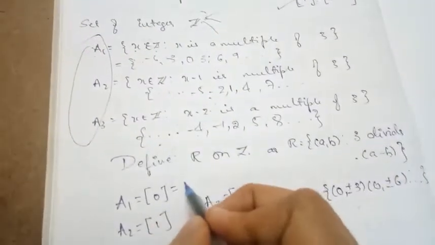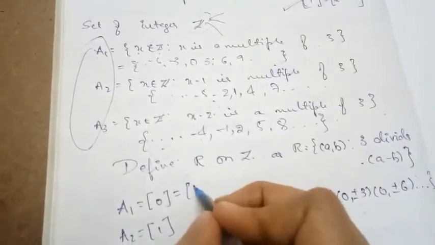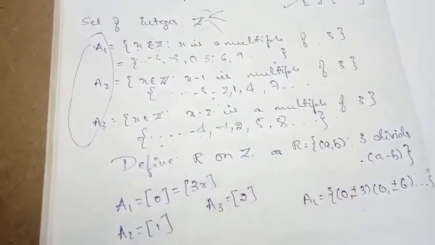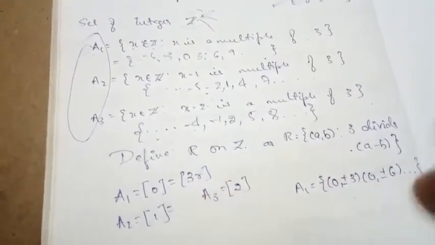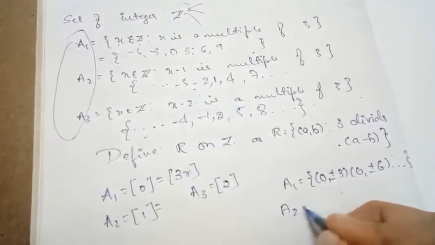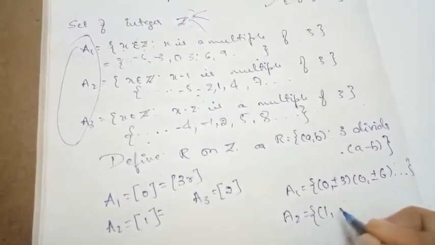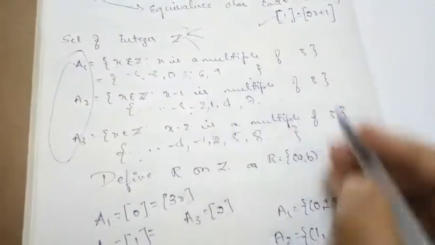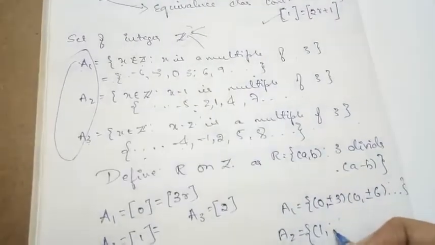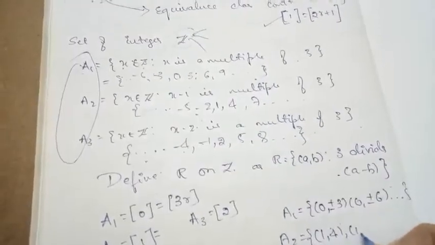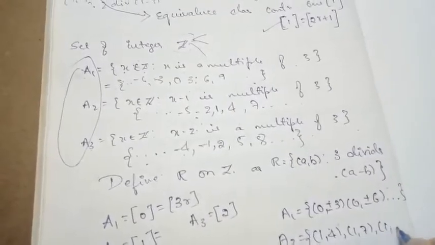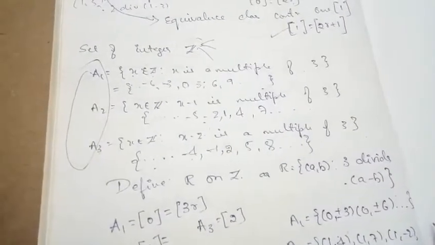Now how can I write the second element? That is 3r. Next, the equivalence class containing 1 can be written as (1, 4), (1, 7), (1, -2), (1, -5), like that.